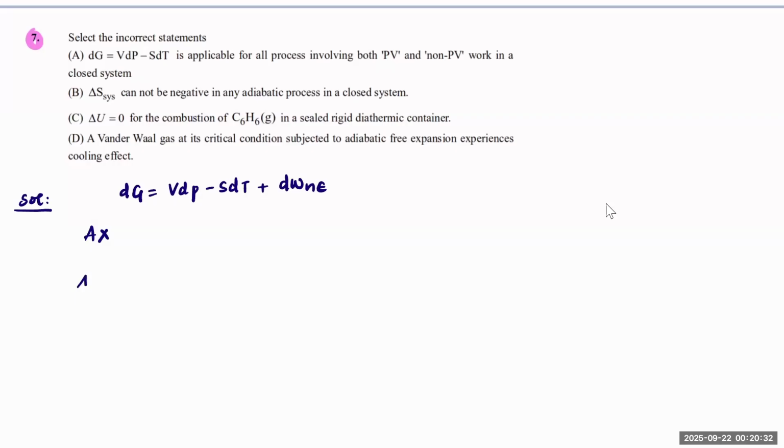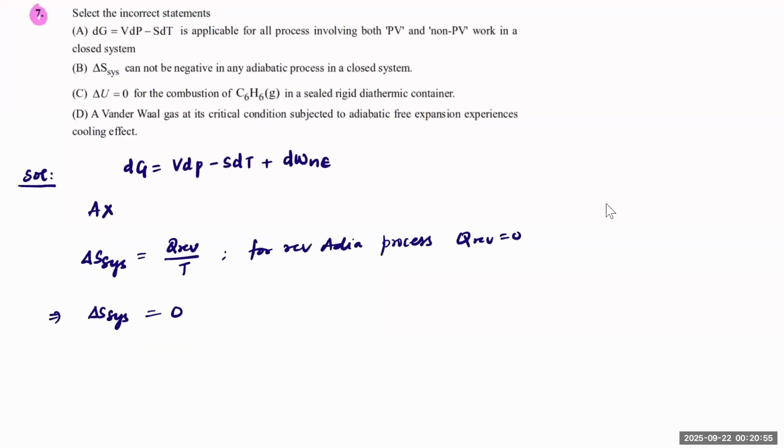Check it out. Delta S of the system is equal to Q reversible by T. Now, for a reversible adiabatic process, you know that Q reversible is 0, which implies delta S of system is equal to 0.